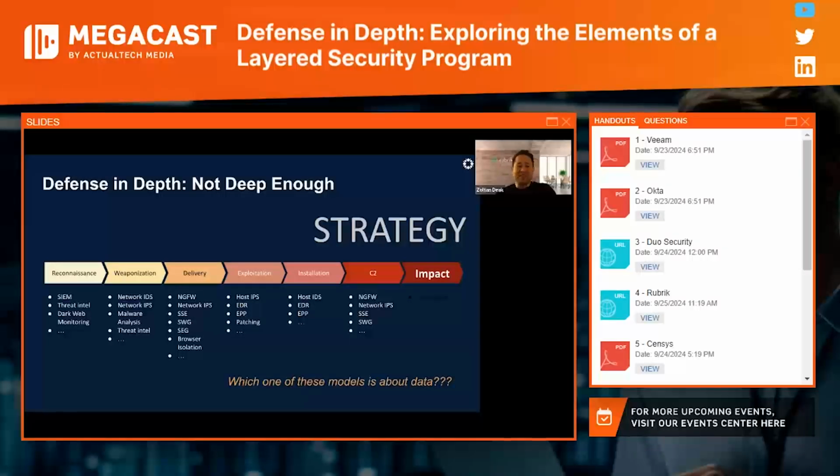We have those 50 to 75 different tools, right? And that's somewhere in between network security, cloud security, endpoint security, and other more point solutions.